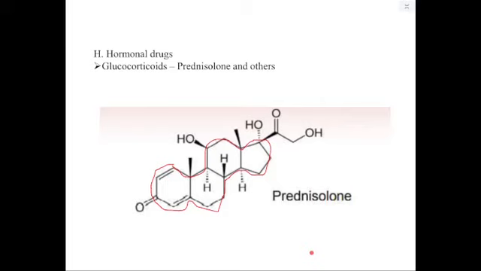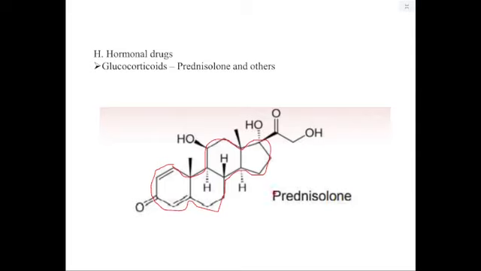So we have the glucocorticoids, which have an influence on the glucose. They increase levels of the glucose, and therefore they can trigger diabetes. So we have prednisolone, and we can also have prednisone.